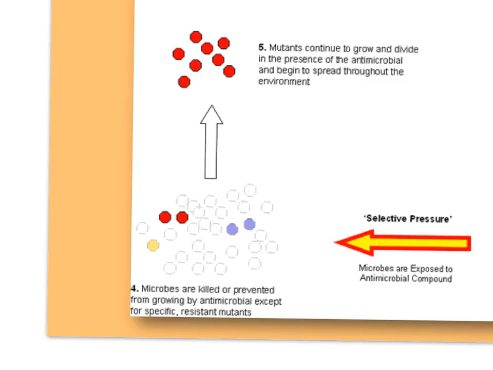And it turns out the mutants continue to grow and divide in the presence of the antibiotic, and they're resistant. They leave more offspring. This is natural selection, right? They leave more offspring in terms of resistant bacteria.